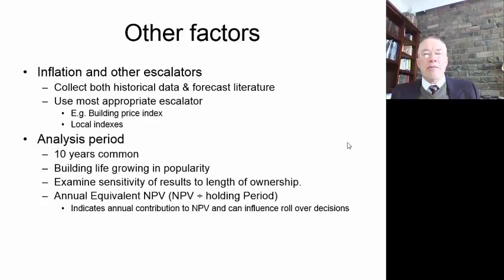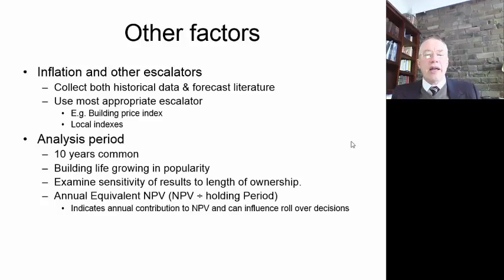If you try estimating over longer periods, you really have to ask yourself the question, are my forecast parameters really that reliable? If I can't guess what the RBA is going to be charging for interest rates in 6 months' time, how can I put an interest rate estimate in for 20 years into the future? And all of the other variables suffer the same problem. So we use the 10-year time frame as the common analysis period.